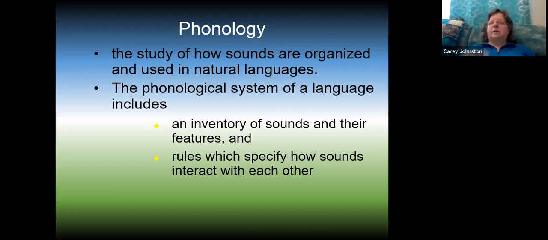I know in Portuguese you have some of the sounds that if they're with one letter it says one thing, and if it's with another letter it sounds another way. And so these all play in together to describe how sounds work in a language, or their phonology.